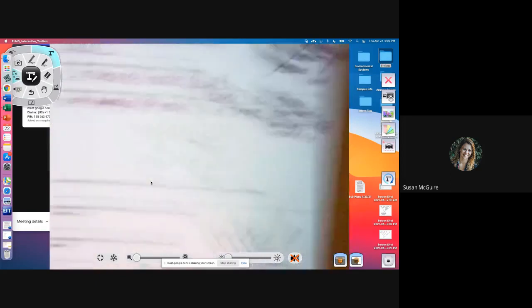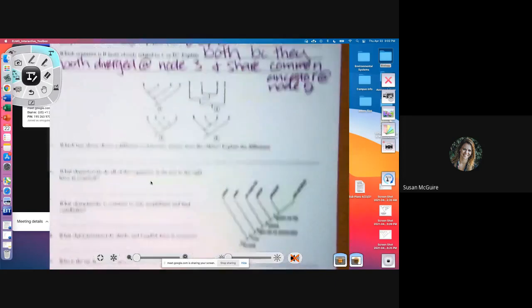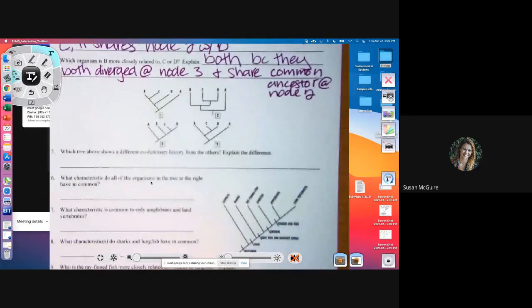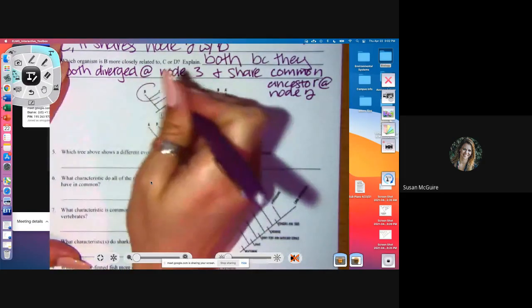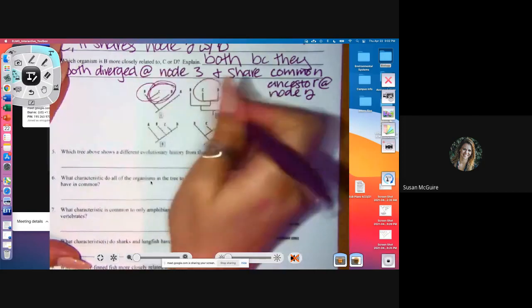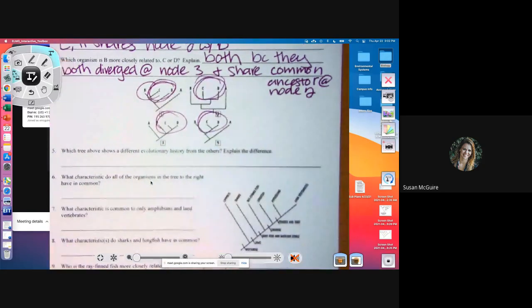All right, 5. We've got to hurry now. Which tree above shows a different evolutionary history from the others? Look at C and D. Which one shows a different evolutionary history from the others?